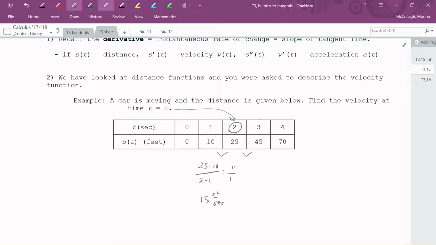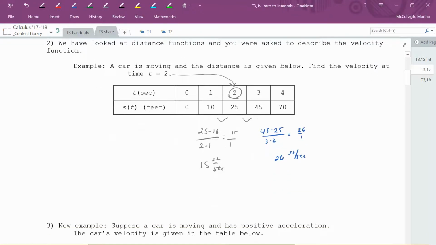And the slope here, 45 minus 25 over 3 minus 2, is 20 over 1, or 20 feet per second. If we want to get our best guess, we'll take the average of those two. The average is 15 plus 20 divided by 2, which is 17.5 feet per second. So again, that's just a review from a problem we did back in September.